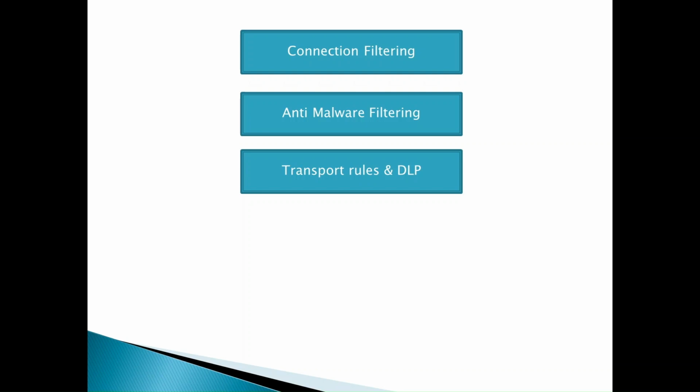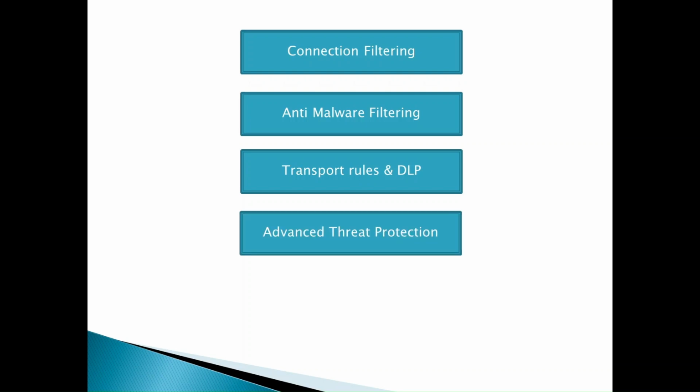Okay, so DLP, data loss prevention policies, work like this. For example, if a user has added any credit card information or personal information, then DLP policies will quarantine this email or it can't be received by the recipient. Okay. After transport rules and DLP, advanced threat protection comes into the picture.